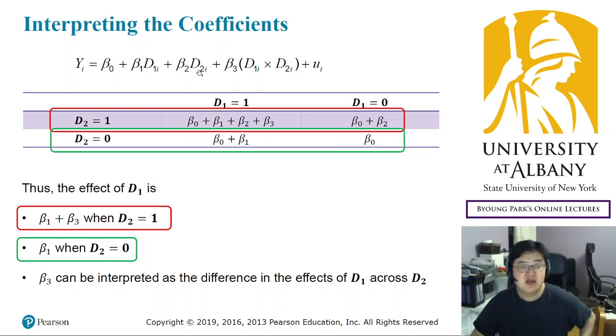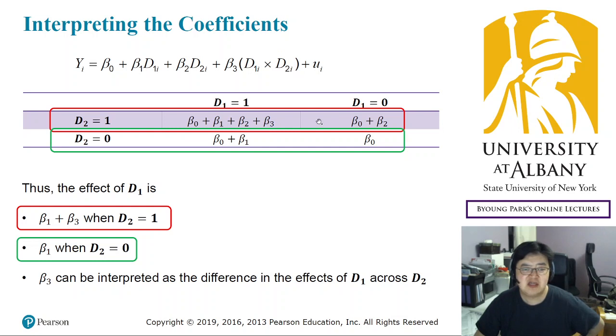In this way, just by plugging in 0 or 1, you may calculate the predicted outcome for the 4 different cases, which is straightforward. And now, as I said, we are interested in the difference between D1 equals 1 versus D1 equals 0. So when we change D1 from 0 to 1, how much does the expected outcome change?